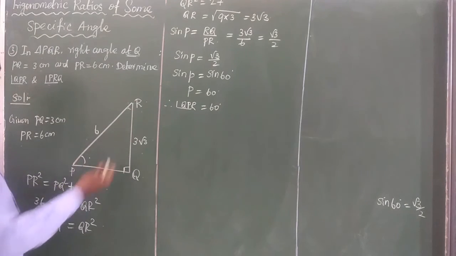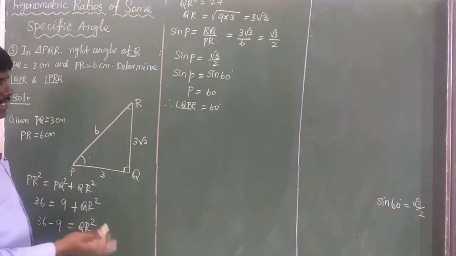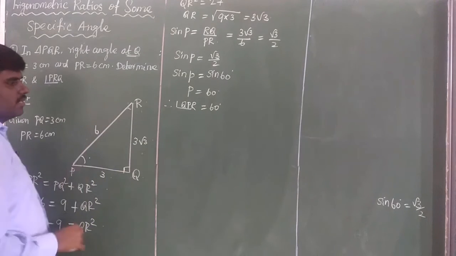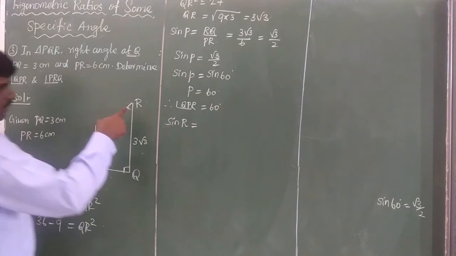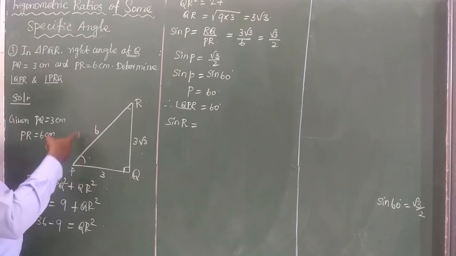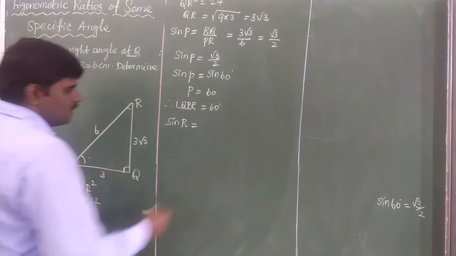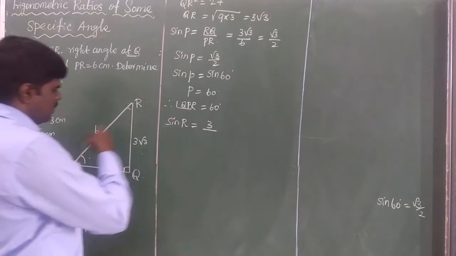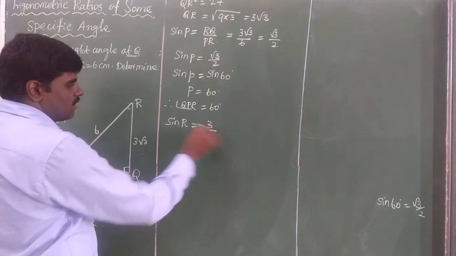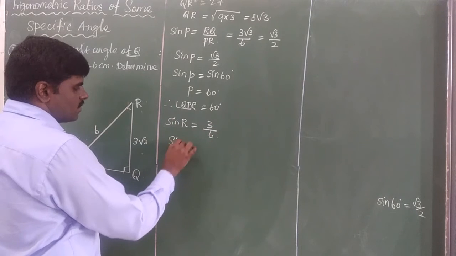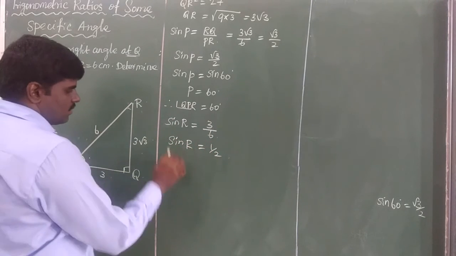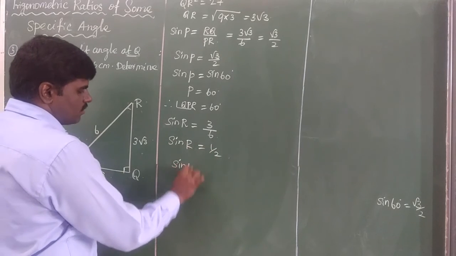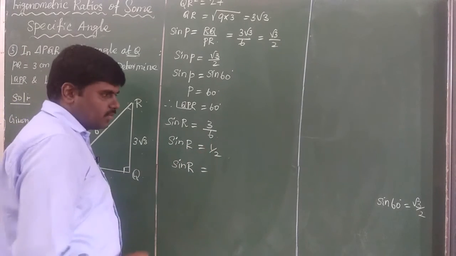Next, I will find out the value of R. In the same way, we know three sides. If you take sin or cos, no problem. I will take sin simply. Sin R is equal to opposite side by hypotenuse, here 3 by 6. Simplified, sin R is equal to 1 by 2. Sin of what value will come to 1 by 2?